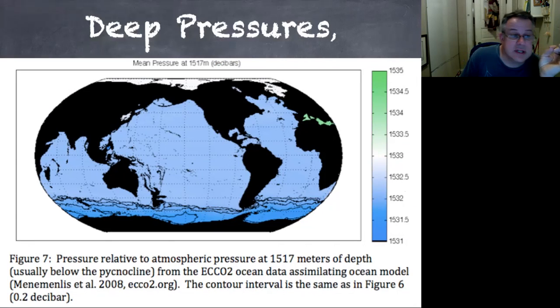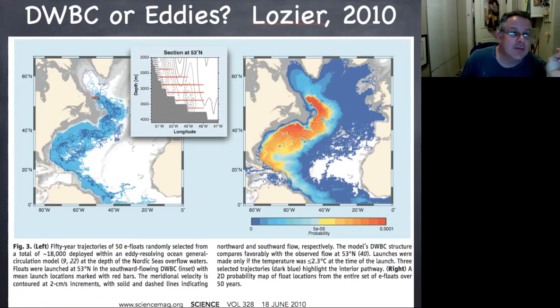One really interesting, not new discovery, but important factor bringing together our talk about waves and instabilities or eddies and the deep circulation is, if you carefully analyze what happens with those deep trajectories, there are many more eddying trajectories than there is a deep western boundary current.